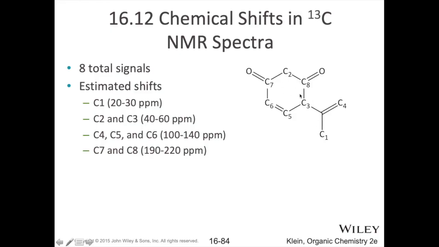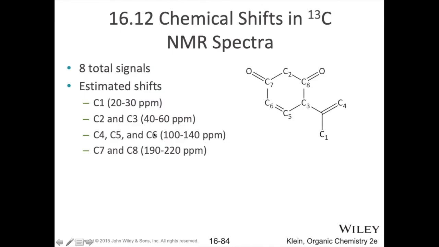Carbons 2 and 3 are also sp3 hybridized carbons, and so they show up in that 0 to 50 range. It's just that they're going to show up a little bit further downfield since they're so close to carbonyls. I would imagine carbon 2 is probably further downfield than carbon 3 because it's in between 2 carbonyls, whereas carbon 3 is only next to 1.